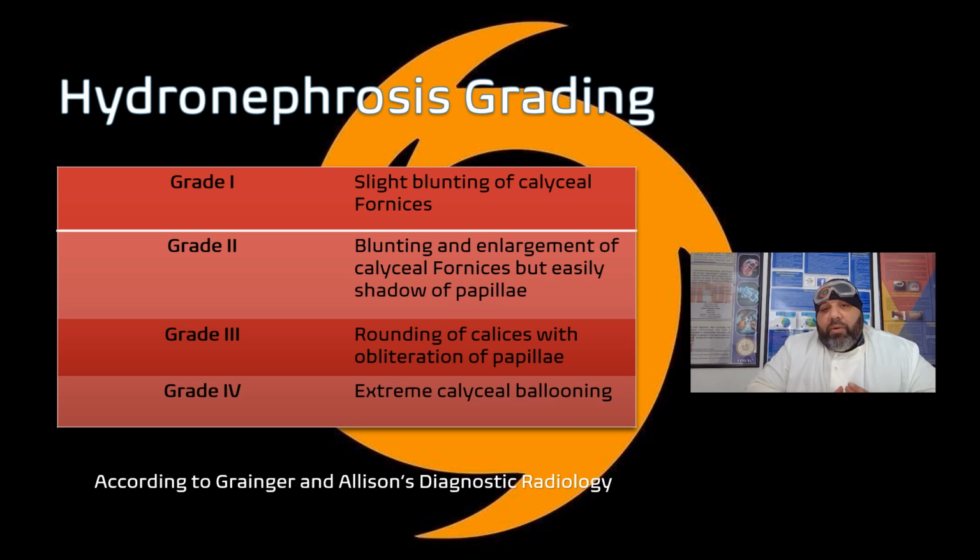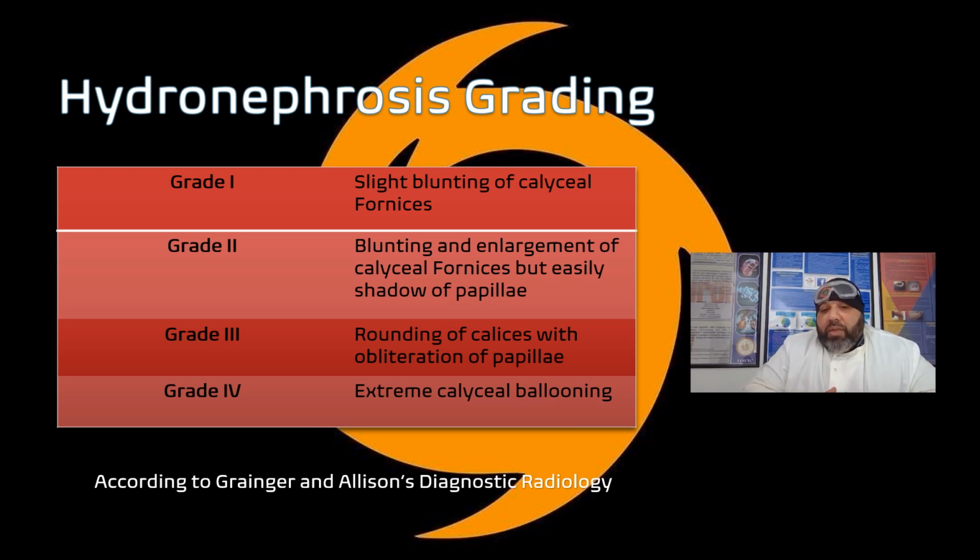In grade 1, for example, there can be slight blunting of the calyces and fornices. In grade 2, there can be blunting and enlargement of the calyces and fornices, easily seen in some parts of grade 2 investigations, but can also be shadowed by papillae.